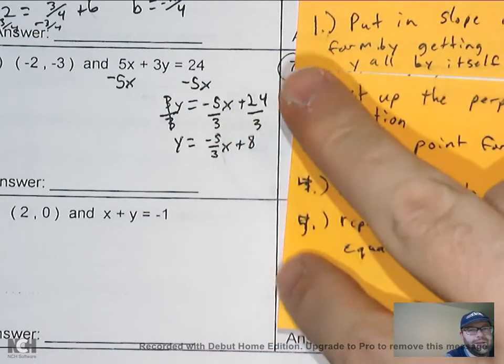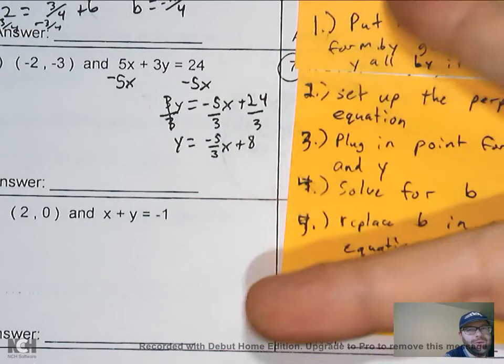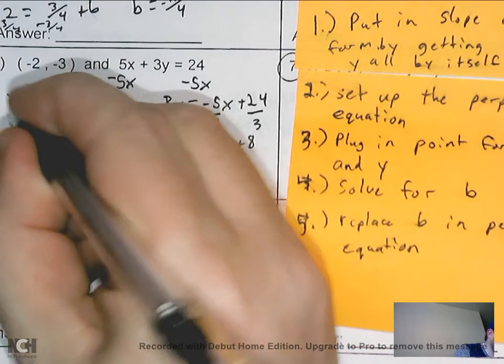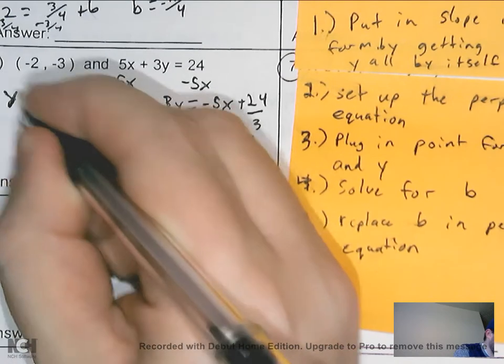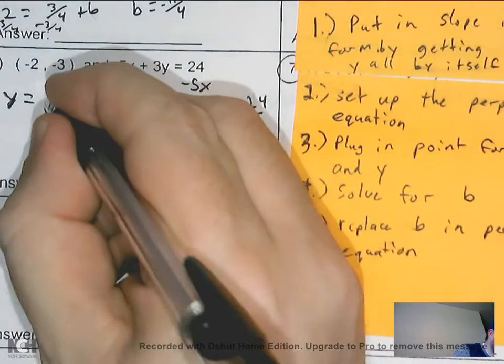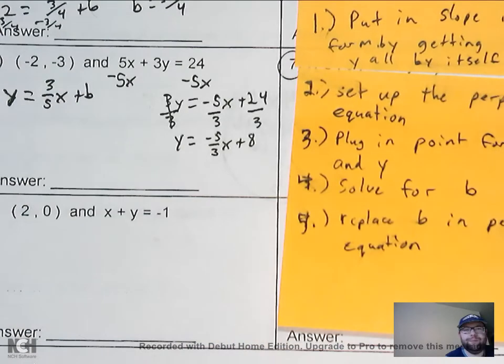So again, perpendicular, you flip the fraction and you change the sign. So since it was negative, it's going to become positive. So I'm going to get y is equal to positive 3 over 5x, and then plus b.